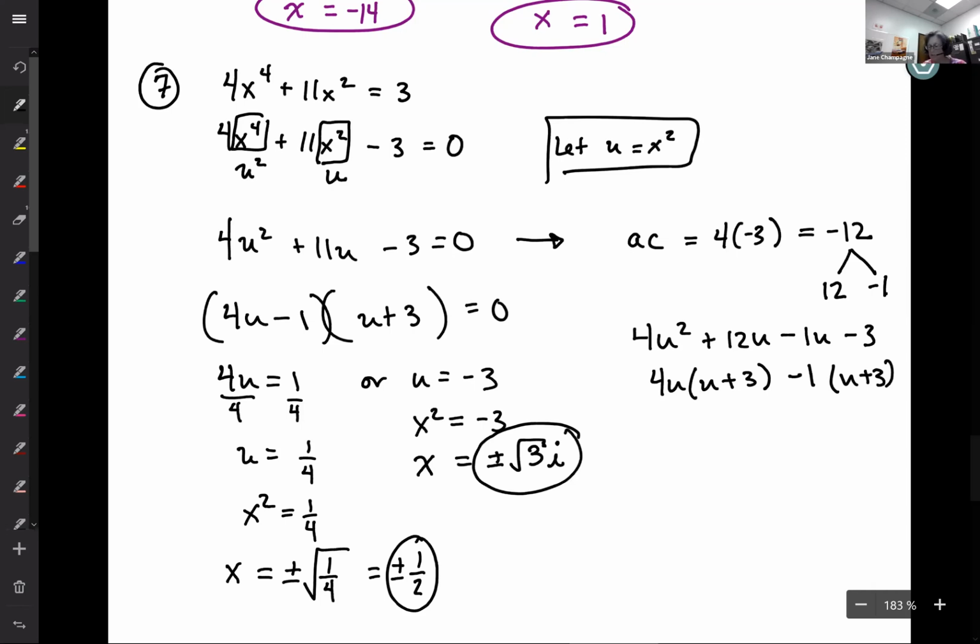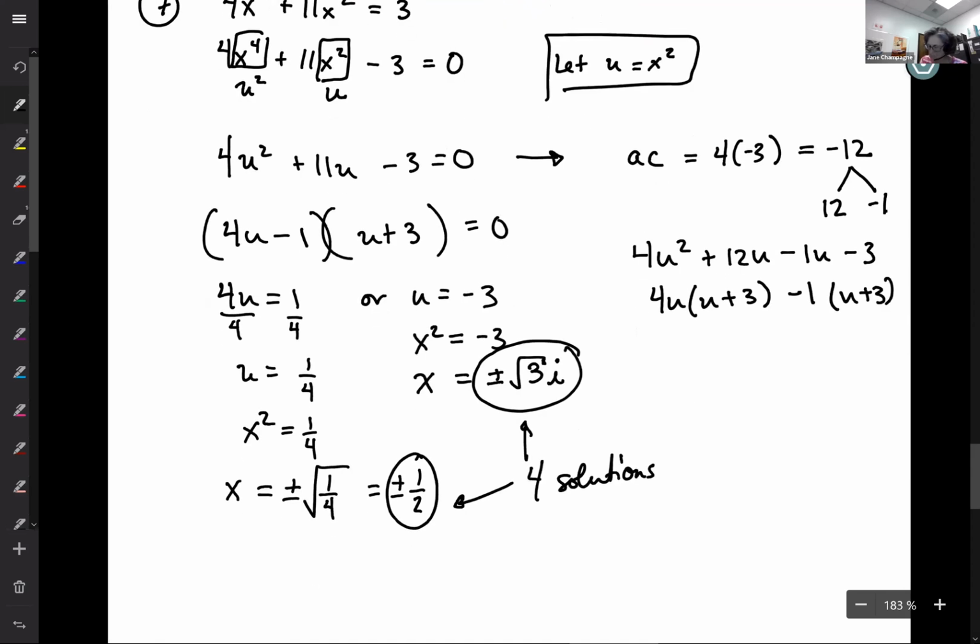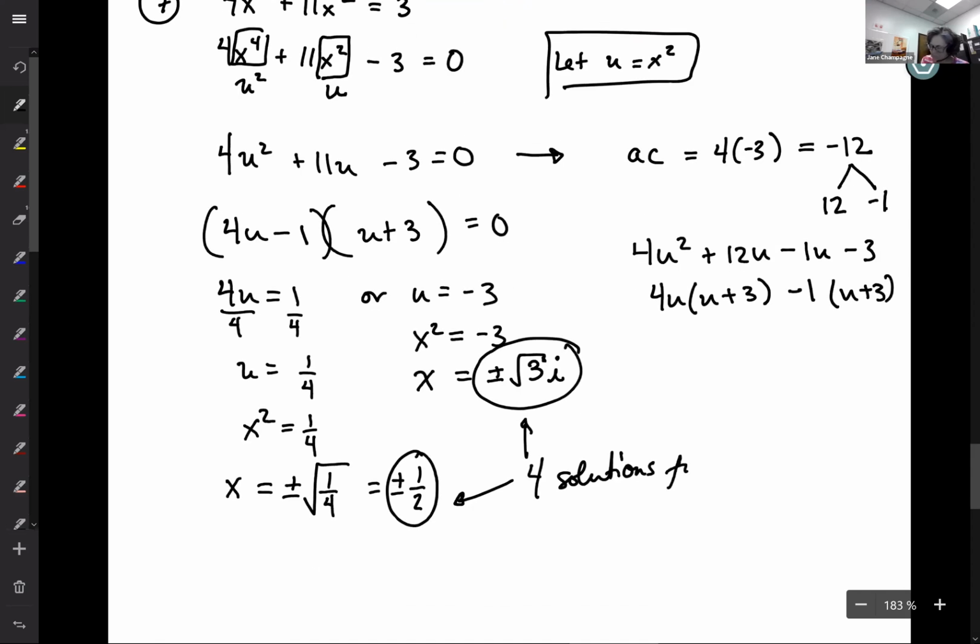Again, 4 solutions for a 4th degree polynomial is typical. Don't forget that plus or minus.